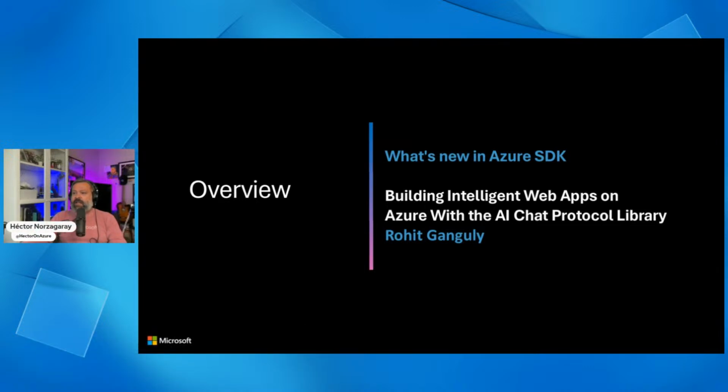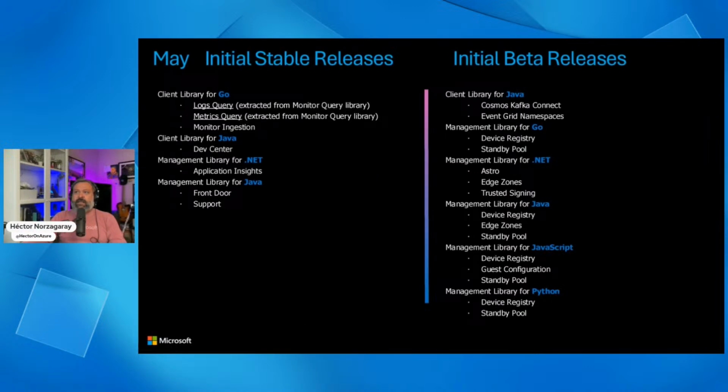So for May, we did a lot of work in Dev Center, Application Insights, and Front Door support for Java, JavaScript, Go, and .NET. And then we have initial and beta releases for May for Java, Go, .NET, and JavaScript.